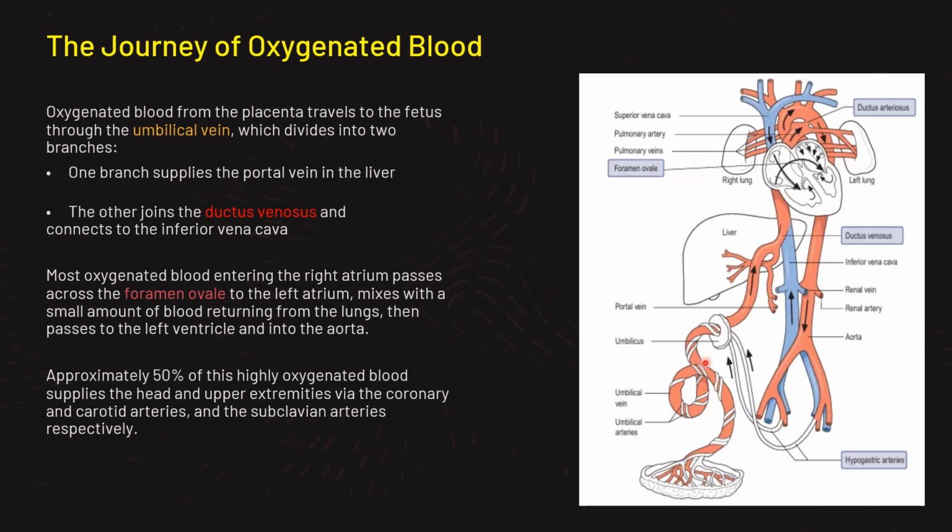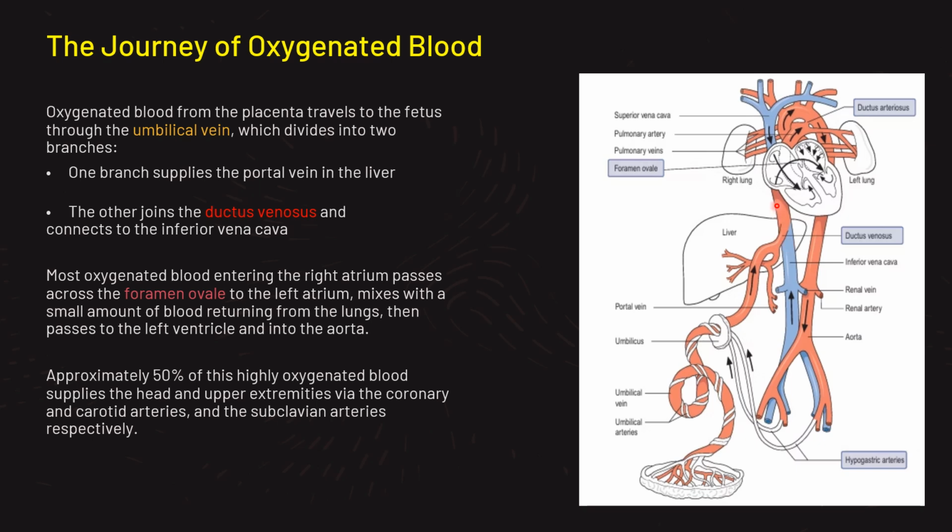So the oxygenated blood enters through the umbilical vein, and this vein later splits into two branches. One joins the portal vein, while the other connects to the ductus venosus, which continues into the inferior vena cava.